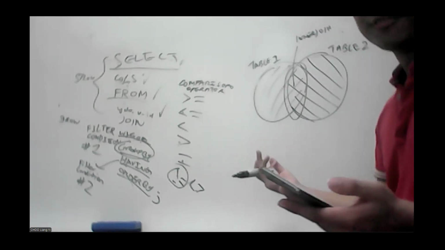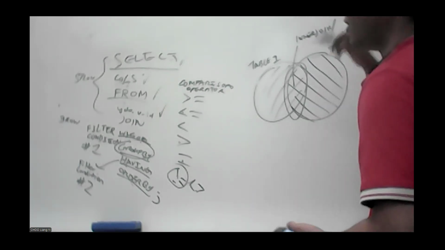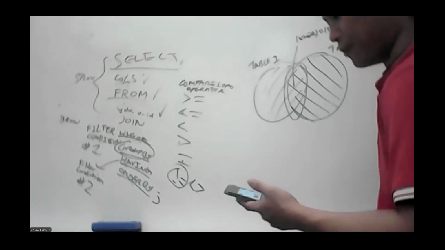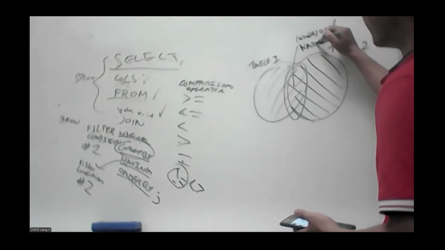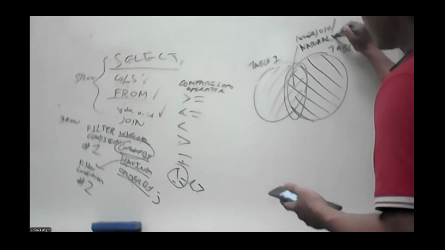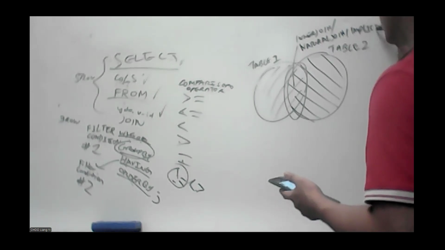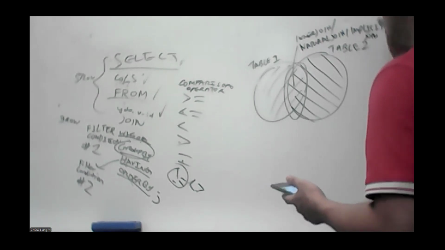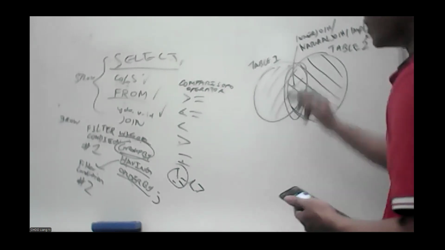Because Prof, for some reason, wants to use others, there's different types of ways to achieve an inner join. There's a natural join, and there's also implicit join. All this is the same, it's a different method, but you return the same thing.